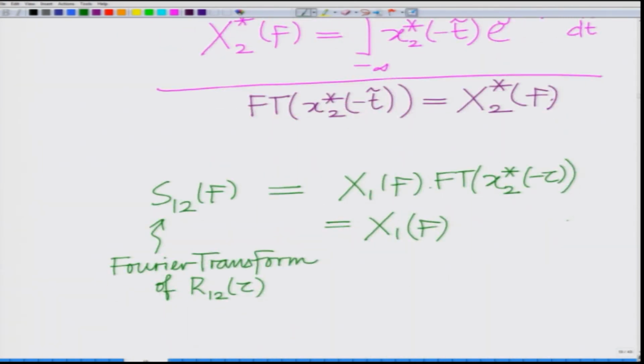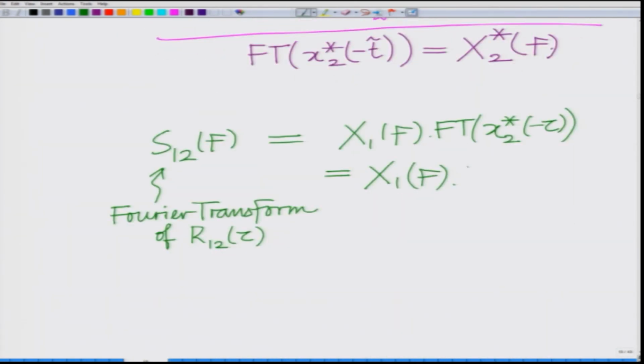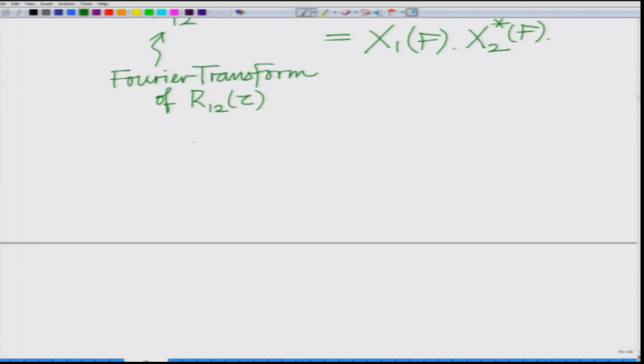This is the product of the Fourier transforms, x1 of f times x2 conjugate of f.